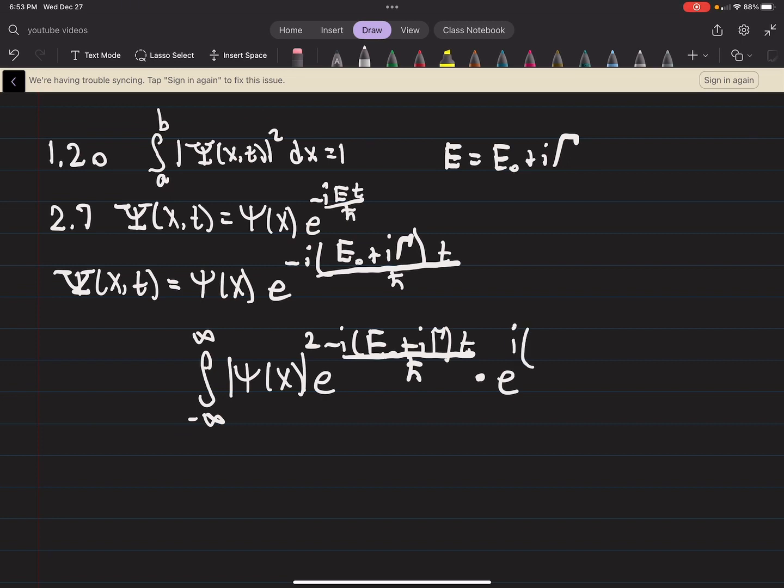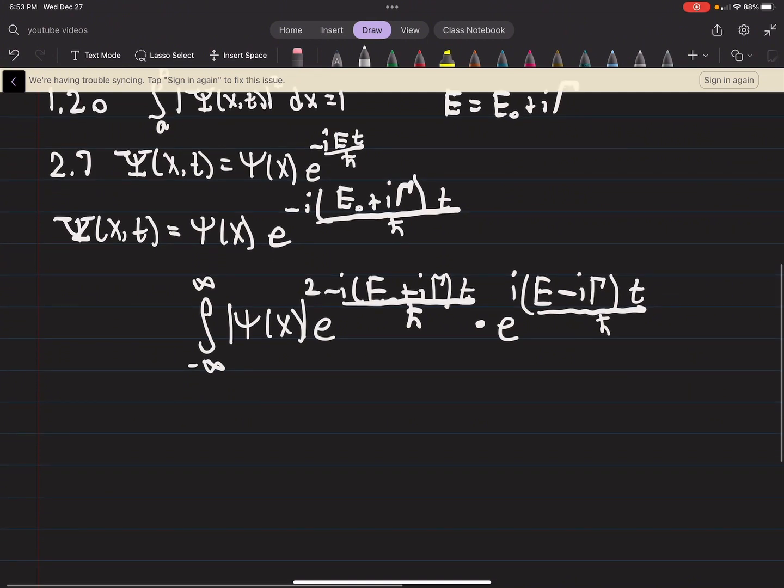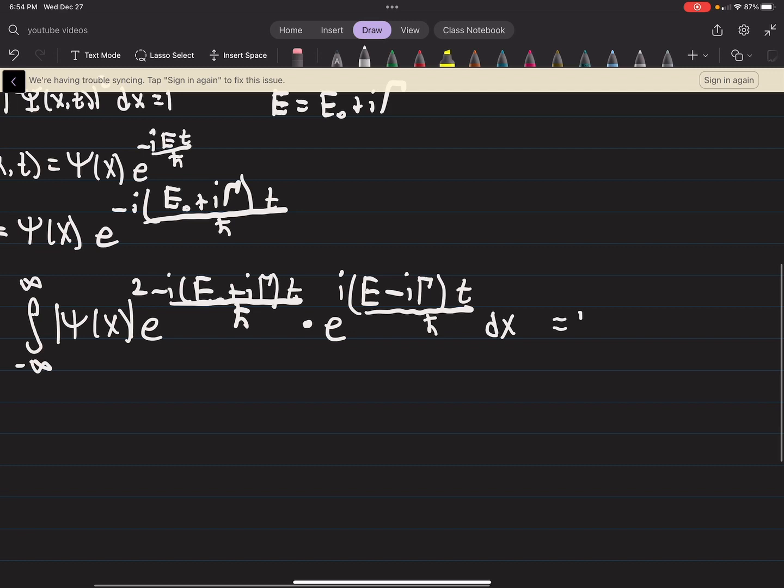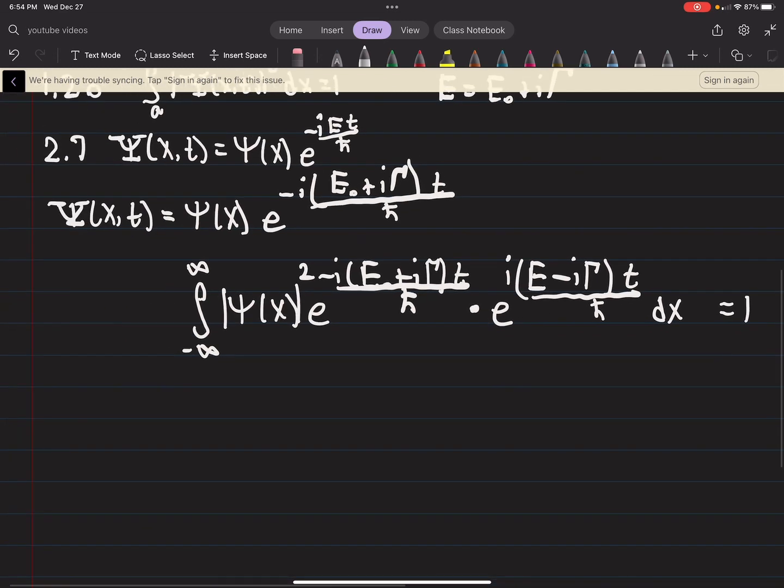That becomes positive i e minus i t over h bar. Okay. All right. So, and this is of course dx, and our normalization condition basically tells us that this needs to equal a probability of 1.